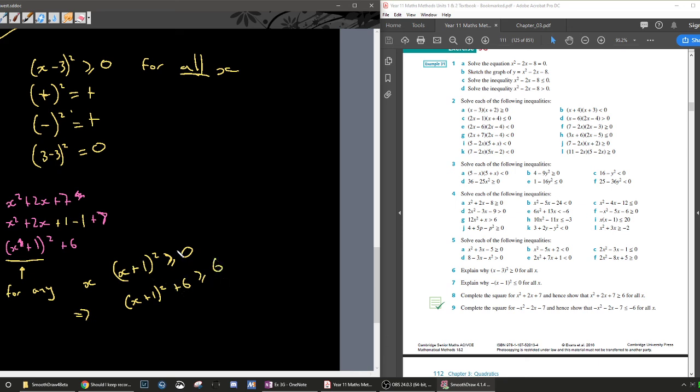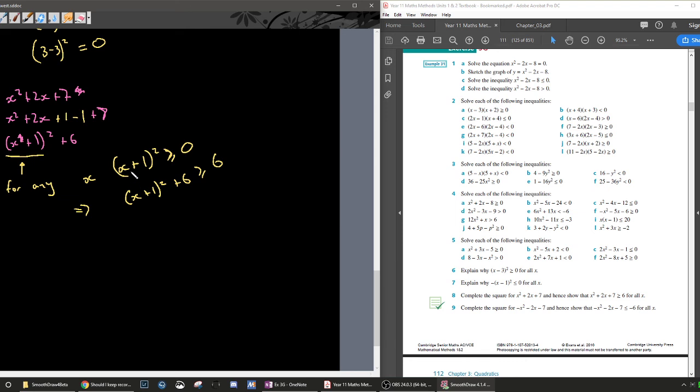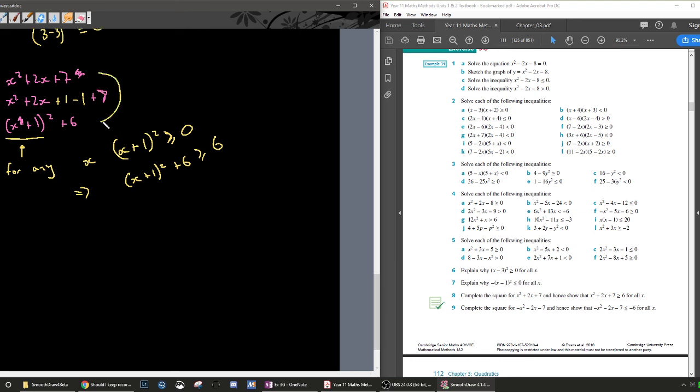If we think back to its original form, these two expressions are exactly the same, so we can say x squared plus 2x plus 7 is greater than or equal to 6. Question 9 is going to be exactly the same. That's it for those. I'll leave it at that. If you have any more questions, ask me in class.